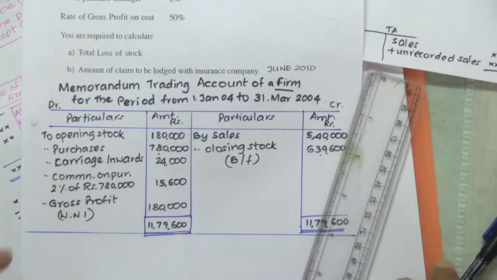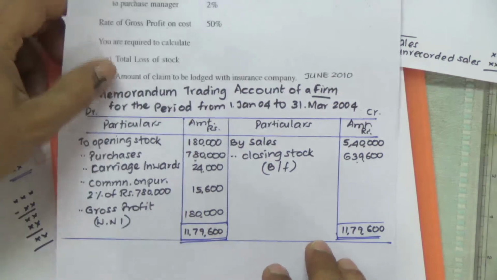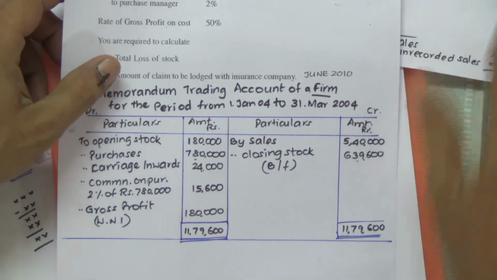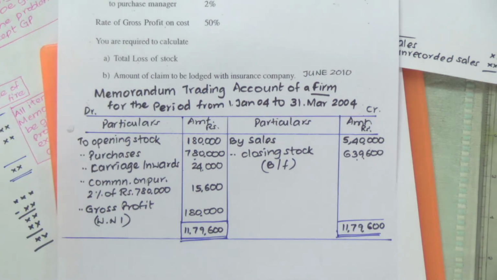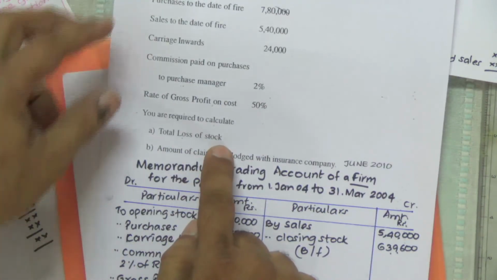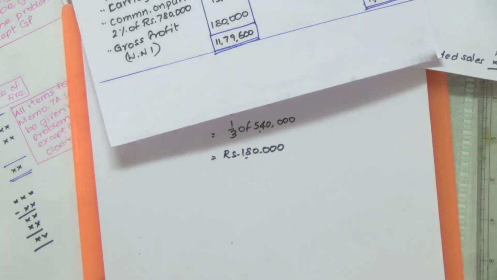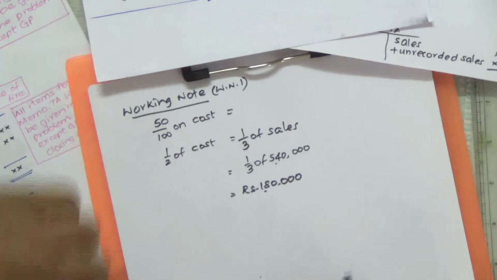With this, we have found out the gross profit. We'll have to further continue and find out the amount of actual loss. That's what we are asked to do in the problem: total loss of stock. Now coming to the second step, calculation of actual loss.